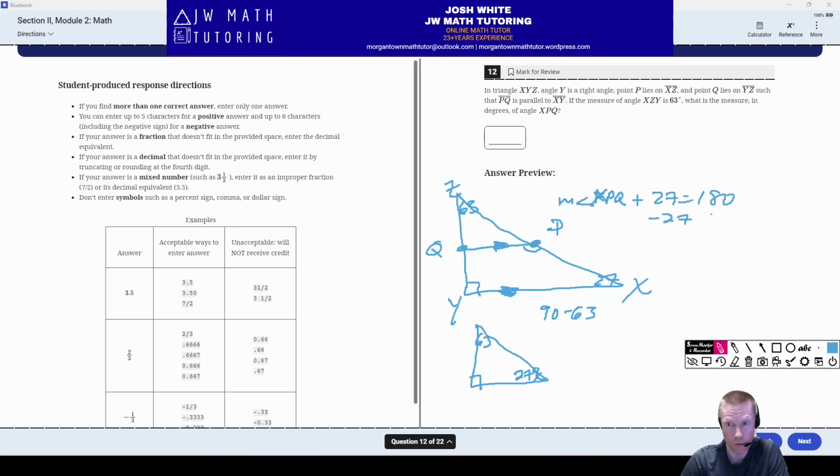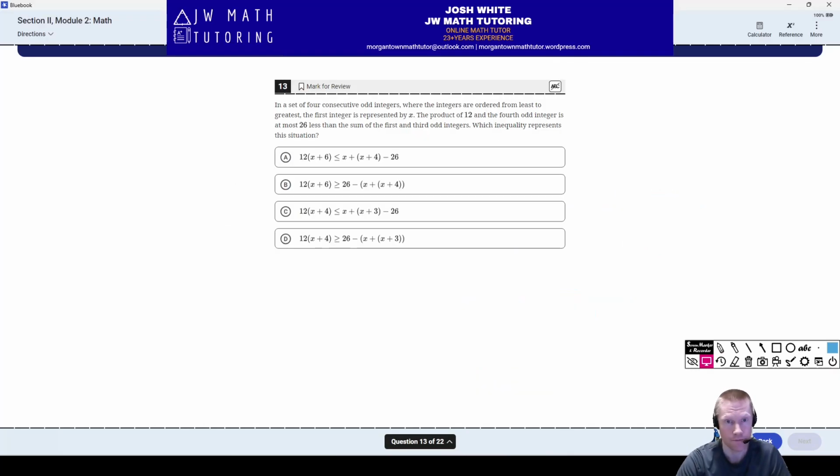So it's just 180 minus 27. Therefore, the measure of this angle is just going to be 153 degrees. You could also notice that if this is 27, then this angle is 27 because they're corresponding angles formed by two parallel lines. And then just do 180 minus 27 because these two angles form a linear pair, form a straight line, so they're supplementary. But in any case, the answer for this angle is 153 degrees.